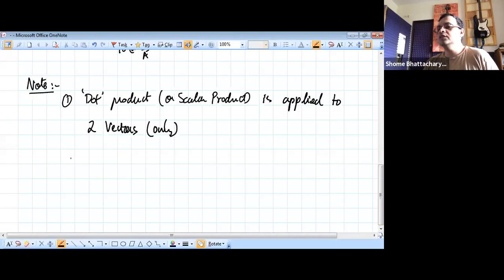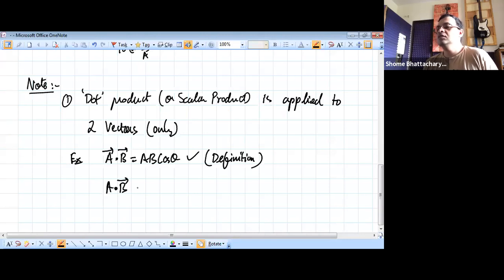What we mean to say, for example, is that vector A dot vector B is defined as AB cos theta. This is the definition. But if I say A dot B dot something else, this is meaningless. This operation will be meaningless.